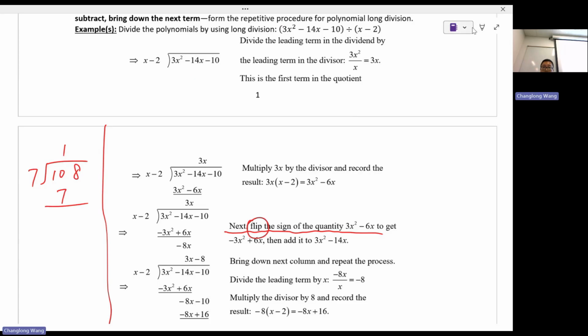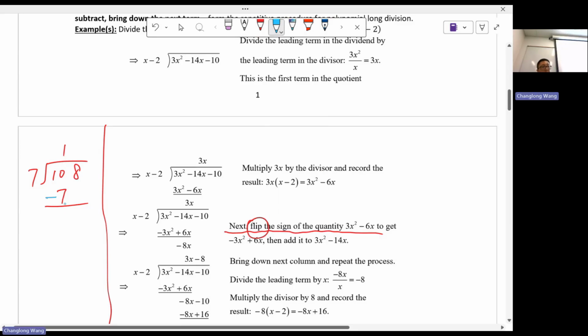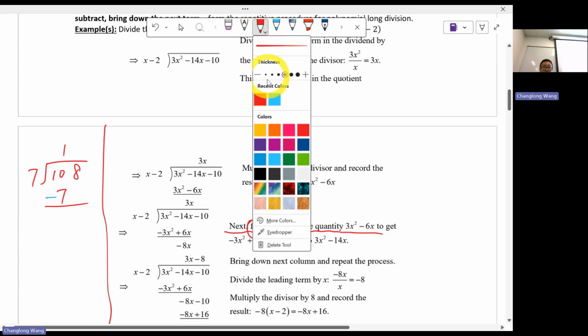But the book suggests that to make sure that you don't make a little sign error, make the 7 negative. It was positive 7, by multiplying part of the quotient and the divisor, but make it opposite. So you end up adding the 2 lines, 10 and negative 7.